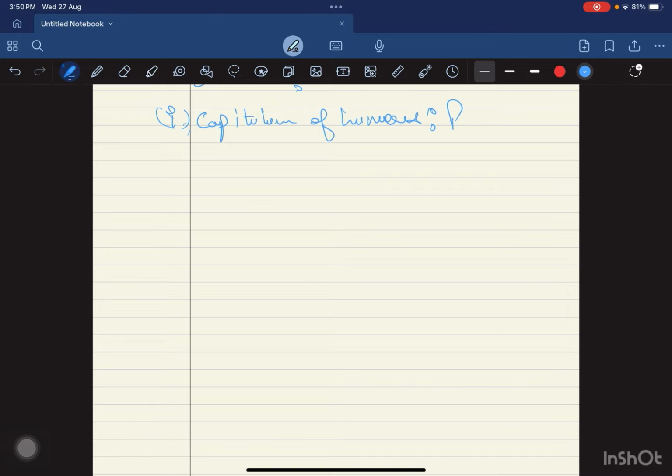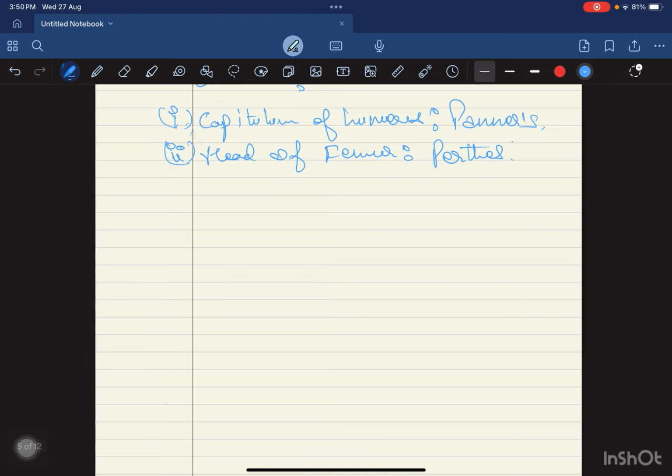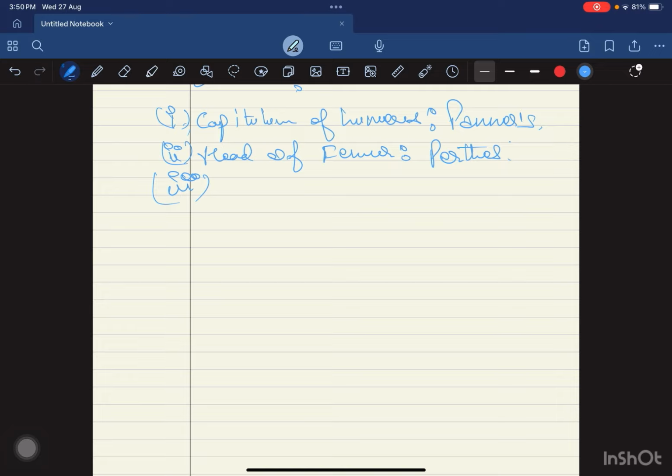It's Panner's disease. Then for the head of the femur, it's Perthes disease. Perthes disease is a very important one, and we are going to discuss it in further questions ahead. Now for the navicular, it's Kohler. So we can remember it as navicular Kohler. This can be used as a mnemonic to remember it.